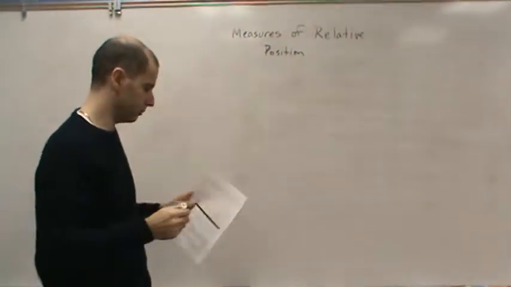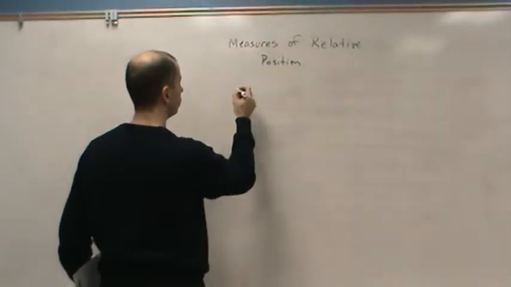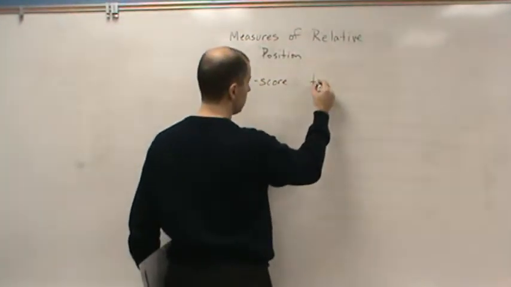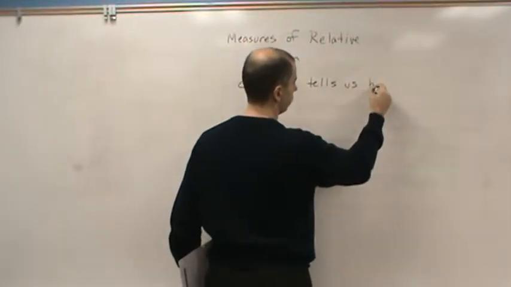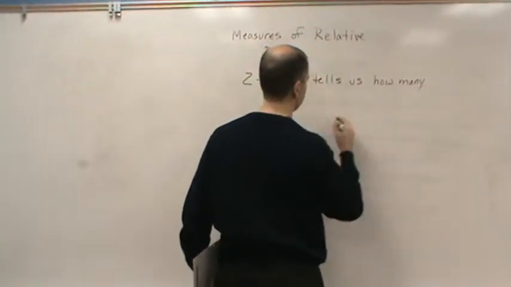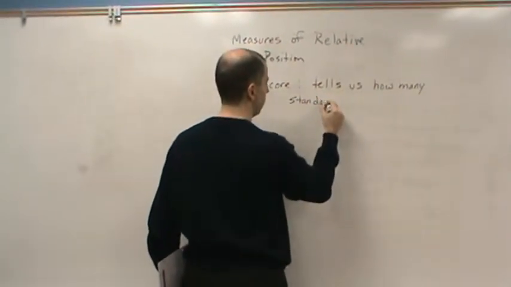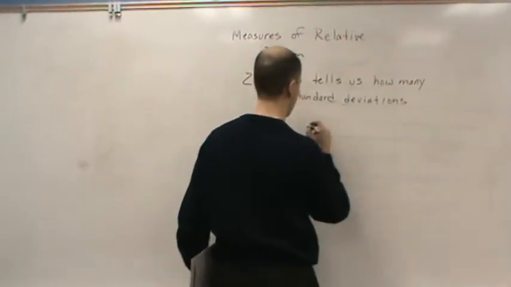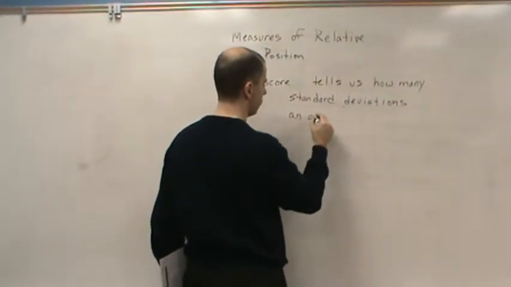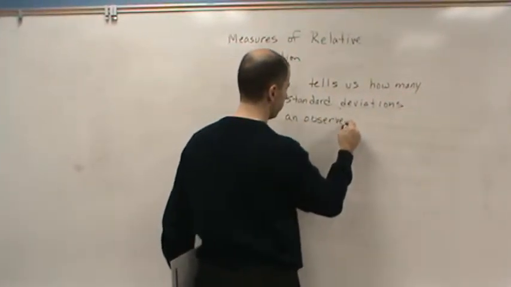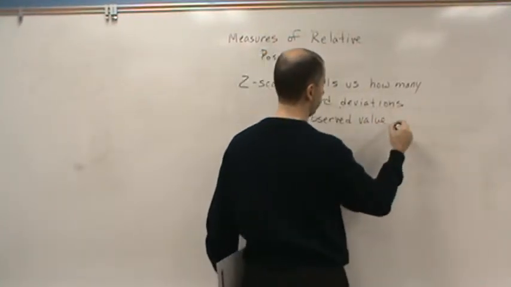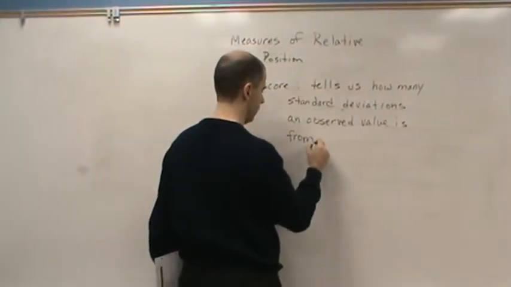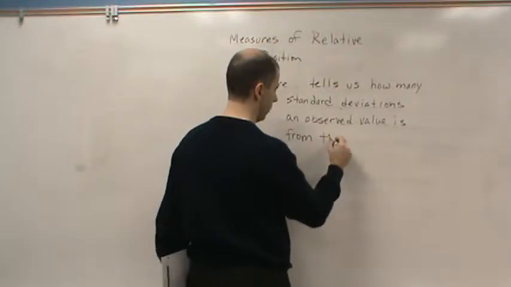So the definition of a z-score: the z-score tells us how many standard deviations an observed value is from the mean.